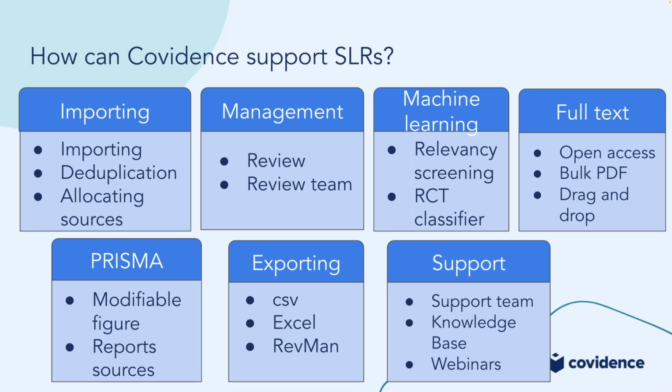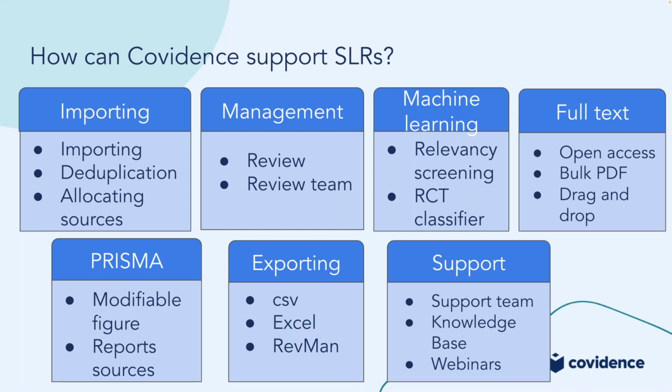And I'll cover both of those features a bit later on. We also use a third party called Unpaywall to upload free to access PDFs where possible, which saves you time in locating and uploading studies. And we've also got a bulk upload tool for PDFs, which again saves time compared with manual upload. And we've also got a drag and drop feature, which is easy and quick to use.